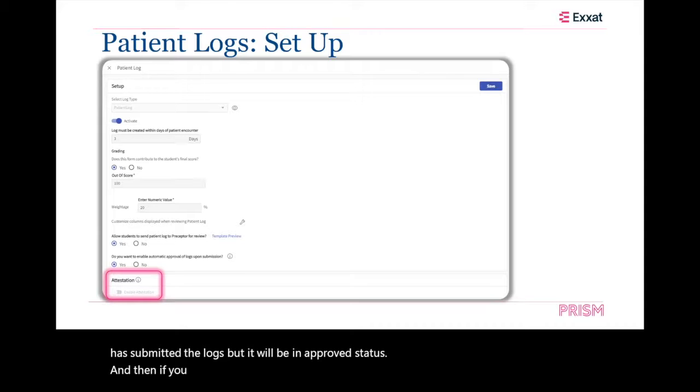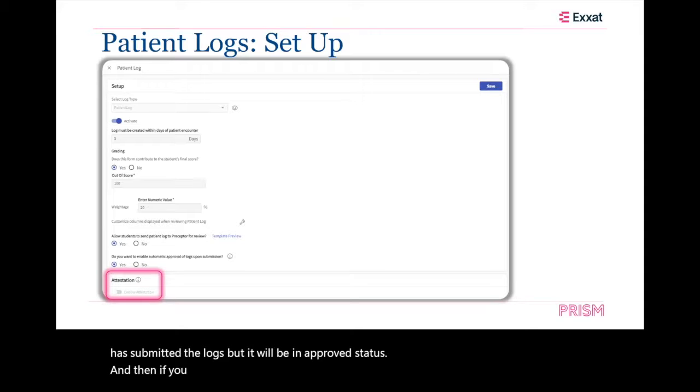Now I would like to show some examples of the types of logs for different programs. As you can see on the screen, this is the standard template which we have for the PA program, wherein you can see the encounter details as a section, the patient demographics.